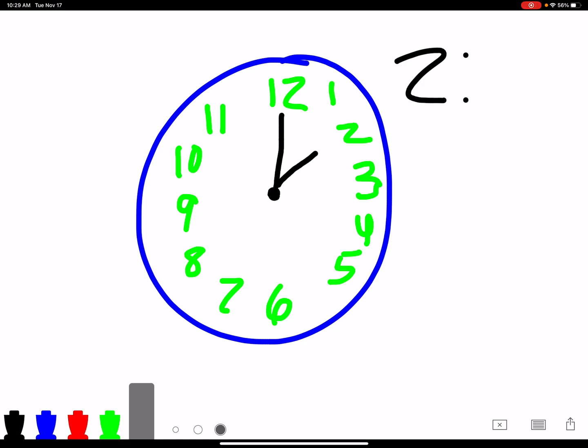It represents 0 because remember, we count by 5s. So if we count by 5s starting at 12, we have 0, 5, 10, 15, 20, 25, 30, 35, 40, 45, 50, 55, and then 60.